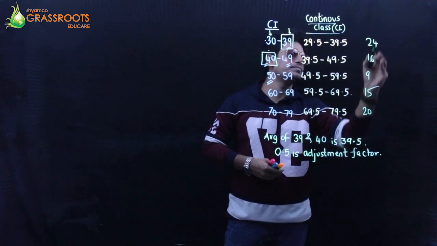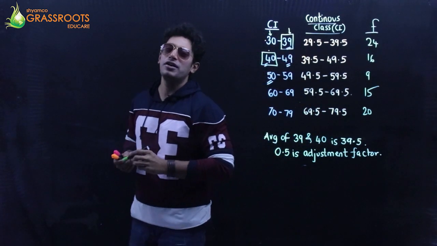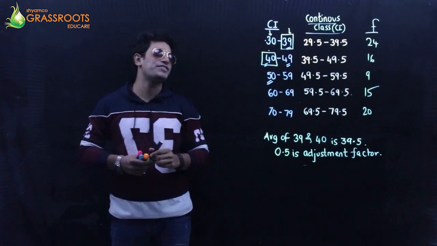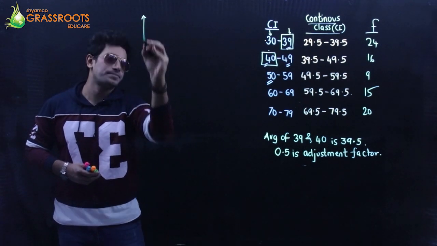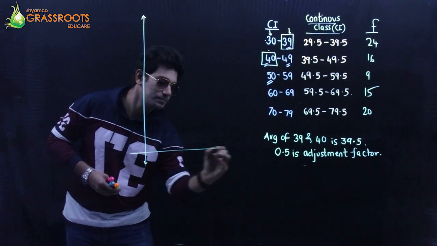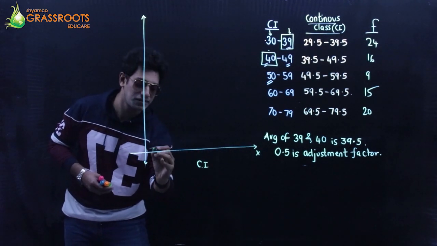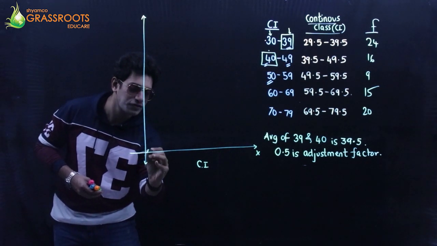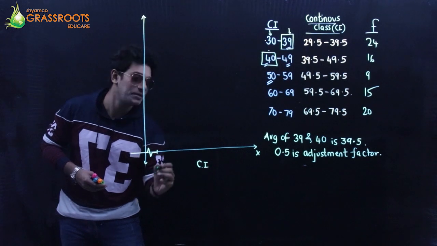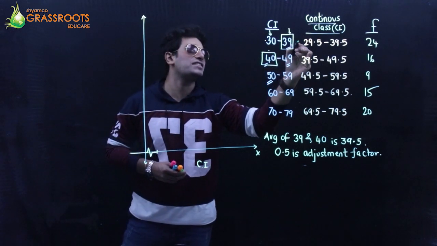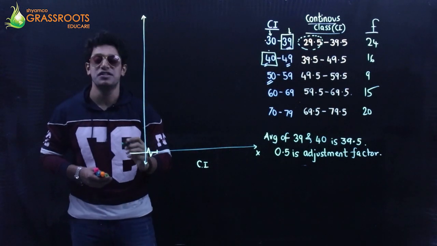Now that's simple. Highest is 24. So again, 4 units as 1 centimeter. If I draw this now, on the x-axis we have the continuous class interval. Again, one box there is going to be a kink, the other box will be empty, because the class is starting from 29.5, not 0.